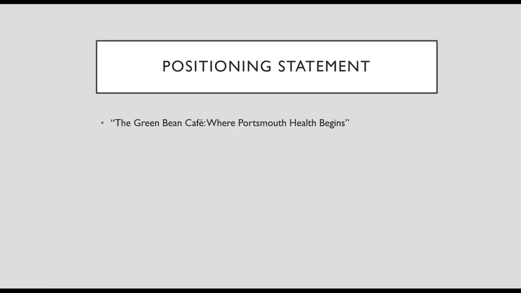I can say with 100% confidence that there are no places that claim to be healthy and market that to customers. In doing this, I would also be the first entrant to that type of market. So that's where I came up with where Portsmouth health begins, because it's going to begin with the Green Bean Cafe.